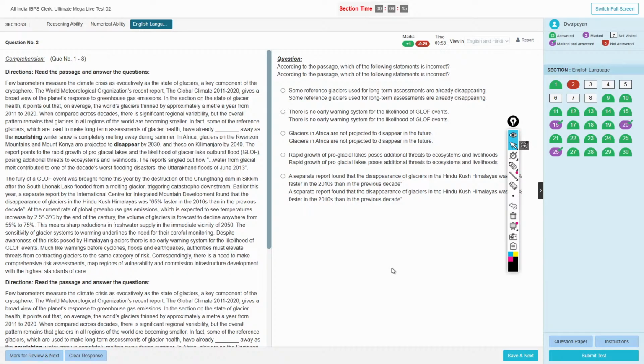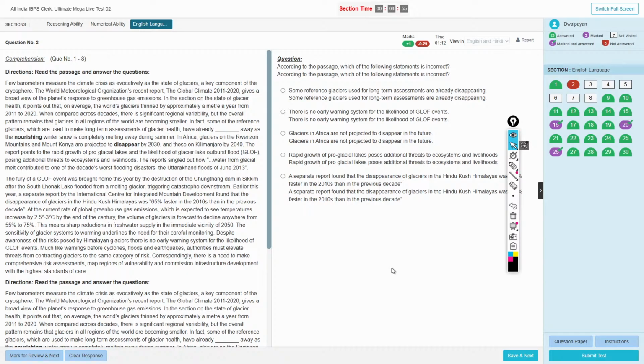Earlier this year, a separate report by the International Centre for Integrated Mountain Development found that the disappearance of glaciers in the Hindu Kush Himalaya was 65% faster in the 2010s than in the previous decade.